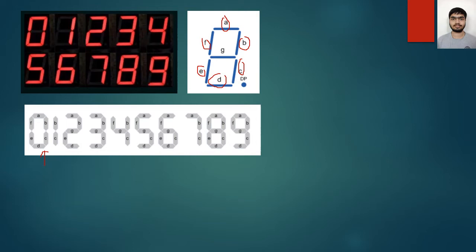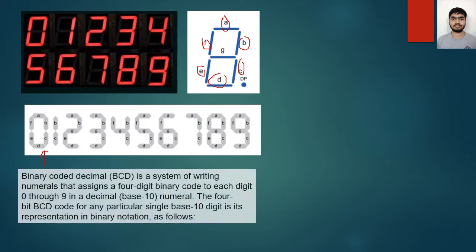Now, we all know that decimal numbers are not exactly represented as decimal numbers in a computer. They are represented as binary coded decimals. It is a system of writing numerals that assigns a 4-digit binary code to each digit 0 to 9 in a decimal numeral. The 4-bit BCD code for any particular single base 10 digit is its representation in binary notation.